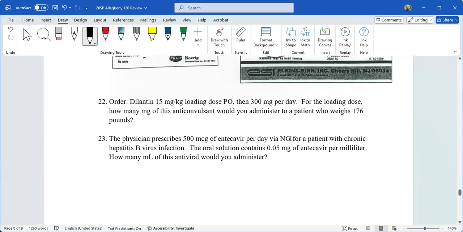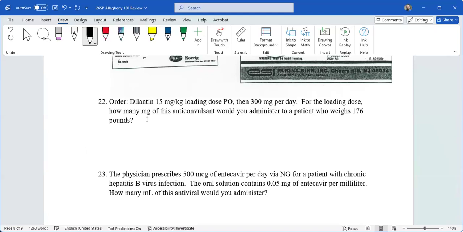The next type of two-step questions are like these questions here. I gave two examples. The first example is accounting for the patient's weight for doing a loading dose, and the second one is you have to convert micrograms to milligrams or milligrams to micrograms.